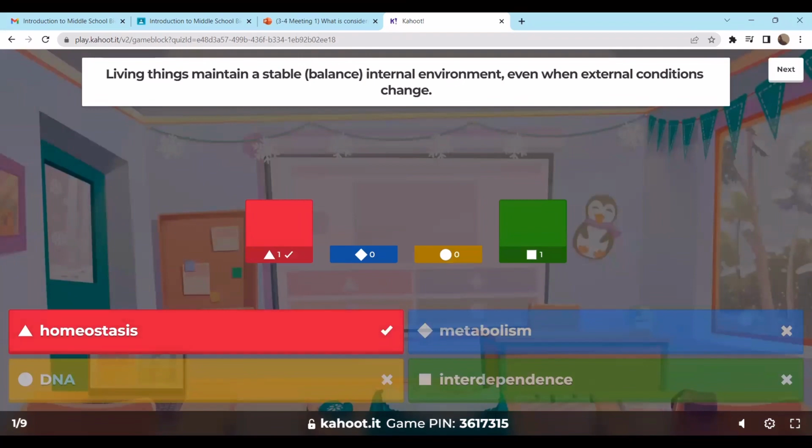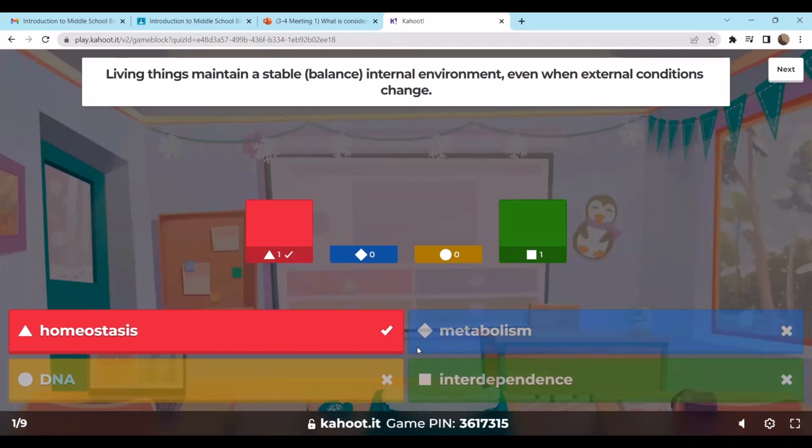For this question, metabolism is basically the sum of everything happening in your body. And then interdependence, which one of you did answer, I think we covered this in a later unit, but it's when one organism is dependent on the other for something and the other is dependent on the first organism.